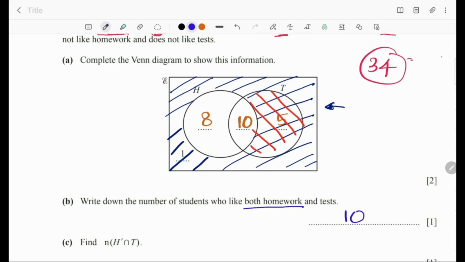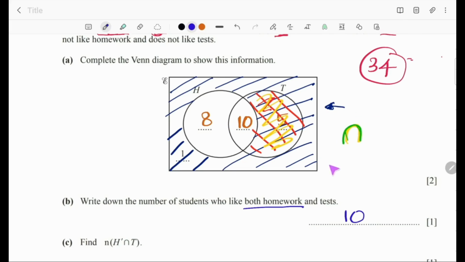Okay, so here you can see this is only h complement, and this part has both the blue lines and the red lines, which means this part is common to both. Okay, so that is what intersection means. Intersection means common to both.